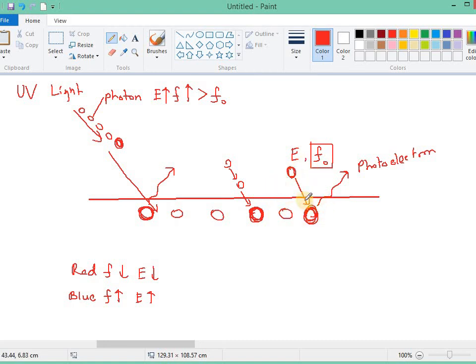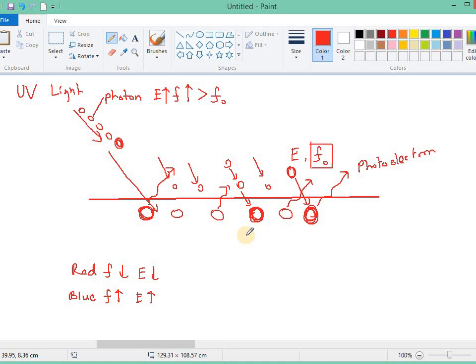Because even if you have very bright light, at most you have more photons shining down, so you can produce more photoelectrons. But because each photoelectron can only meet with one photon, each photoelectron will only have the energy from one photon, and that's it. So I repeat, one electron only can get energy from one photon.